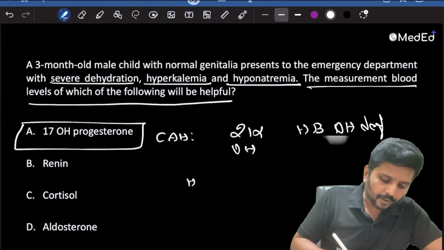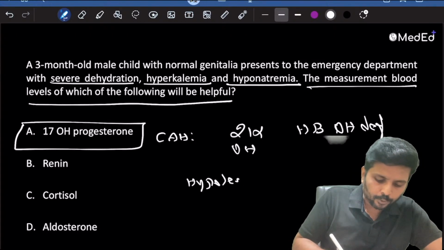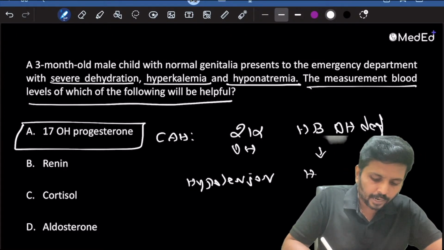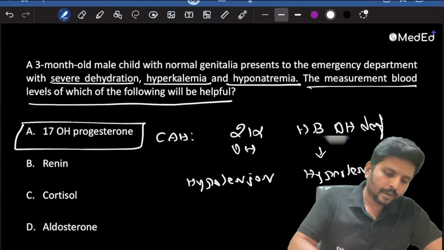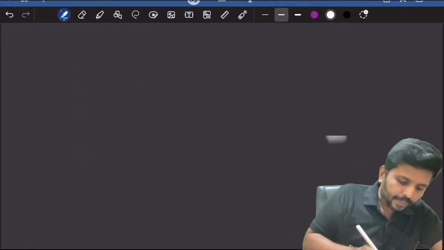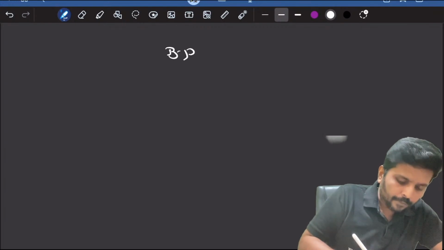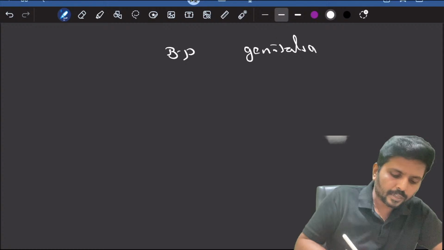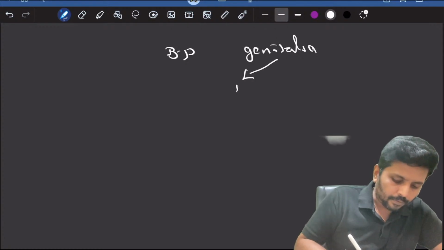In 21 alpha hydroxylase you have hypotension, whereas in 11 beta hydroxylase you have hypertension. Right, let me write. So what is the BP? What is the genitalia? If the child is male, if the child is female.